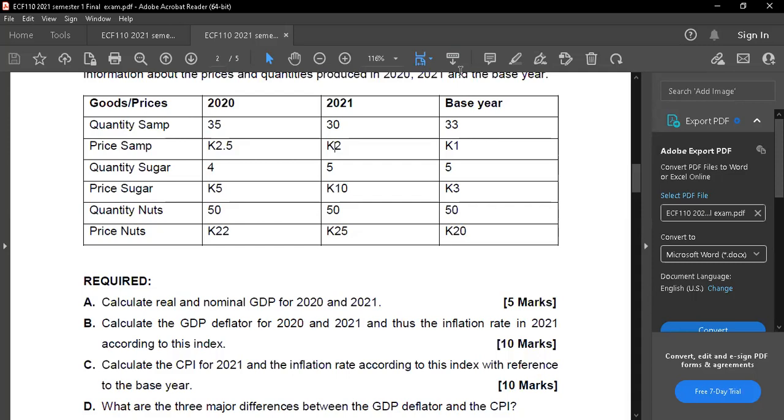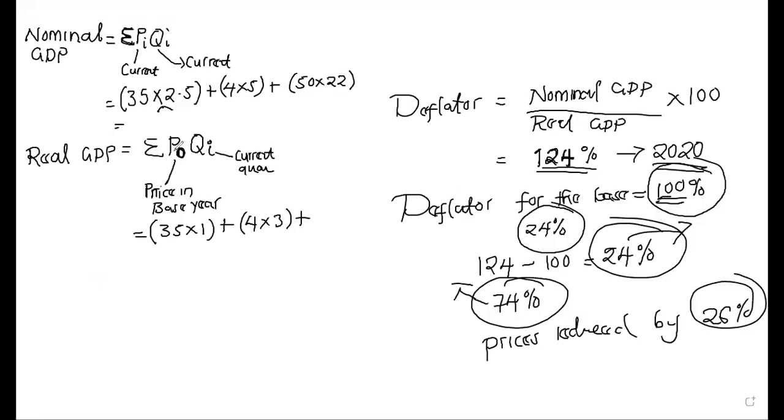If you remember the formula, if you look up here, I gave this formula for the real GDP, which I said, you get the price in the base year, then you multiply it by the current quantity. But when you're calculating the CPI for a particular year, let's say the CPI for 2020 is equal to the cost of the basket.